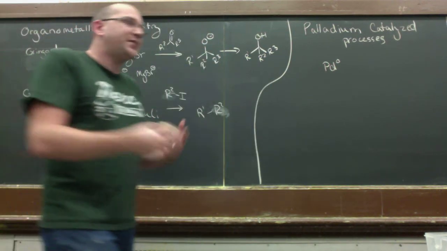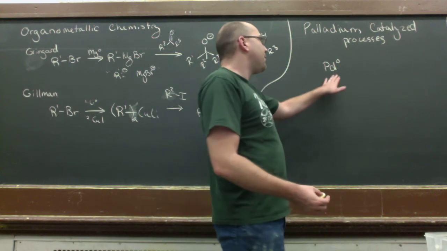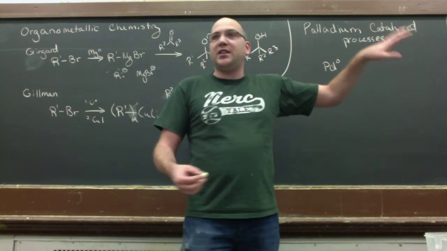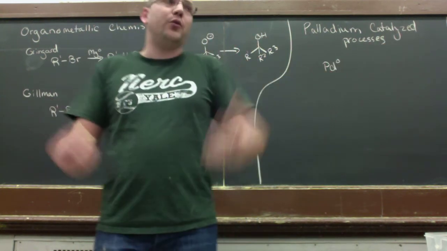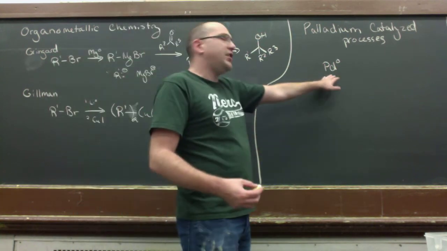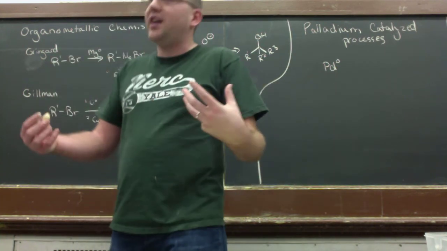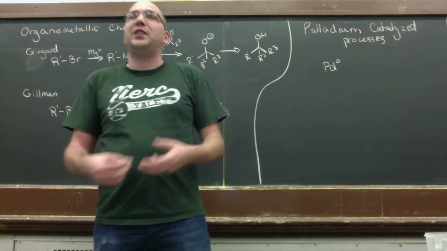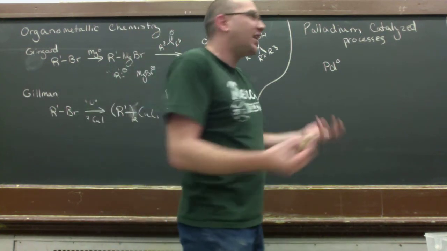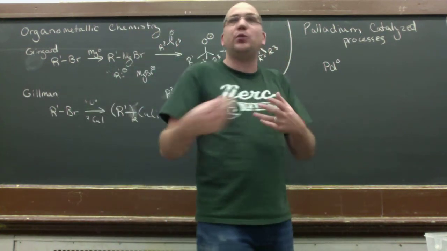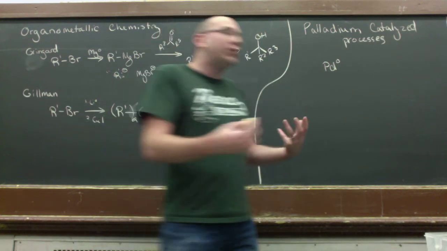Okay? And we've perhaps seen them a little bit in the past, but effectively what this means, and I'll try to simplify it for you, is that sometimes you'll see palladium in this zero state, which is effectively like the metal's way of being neutral. I guess it's not entirely accurate to make that analogy, but at least we can think about the palladium as being neutral.